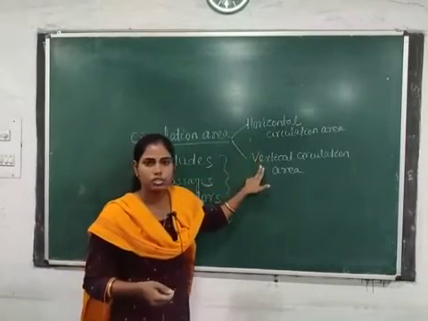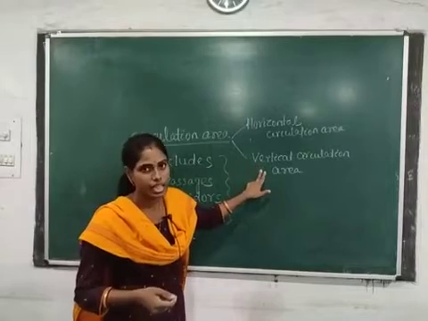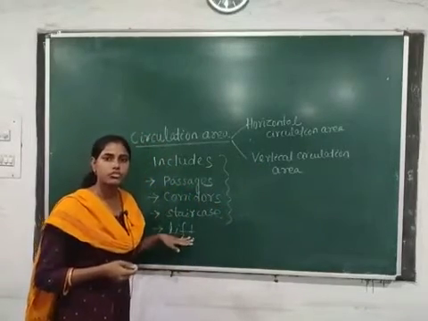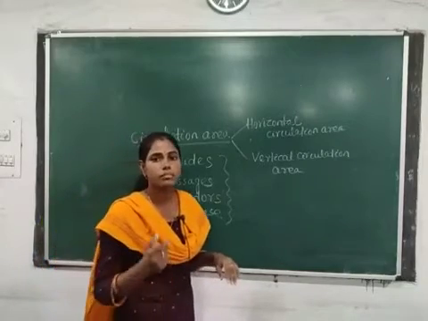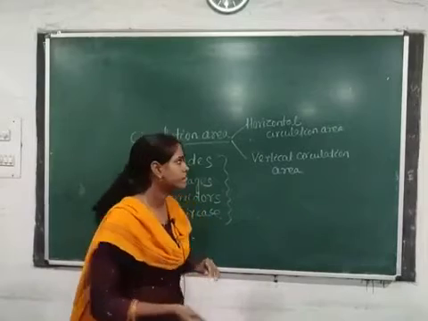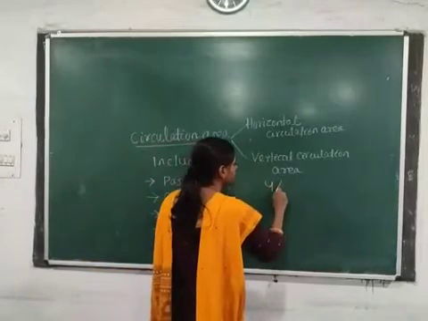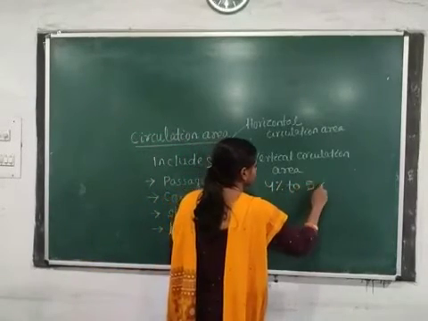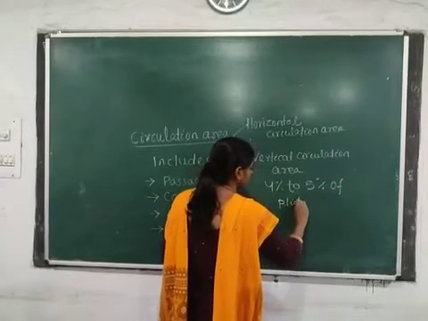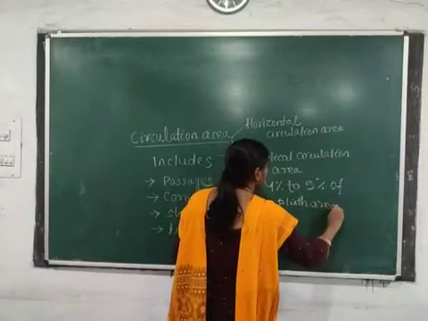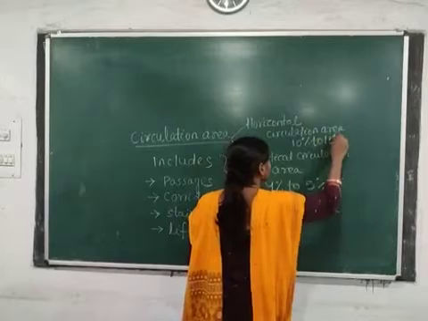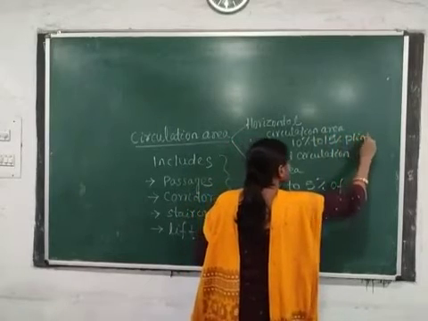And your vertical circulation area is the area covered under your staircase and lift which are used for vertical movement of the persons using the building, and it is generally about 4 to 5% of the plinth area.